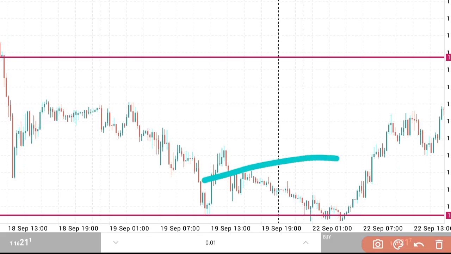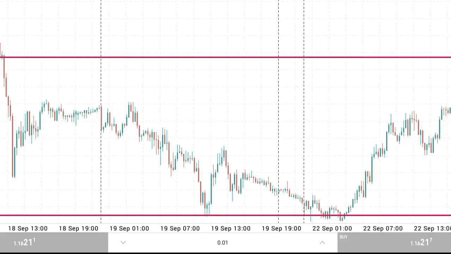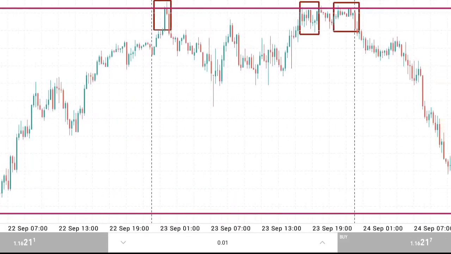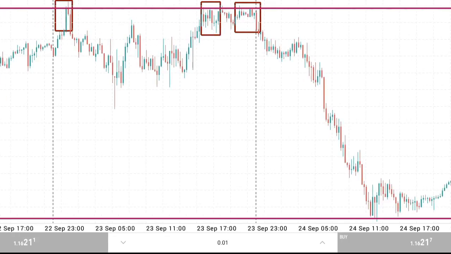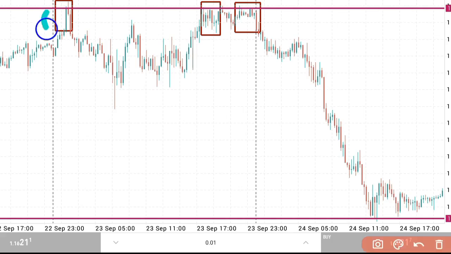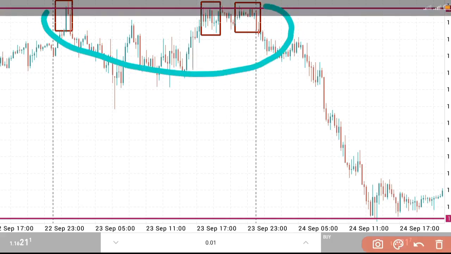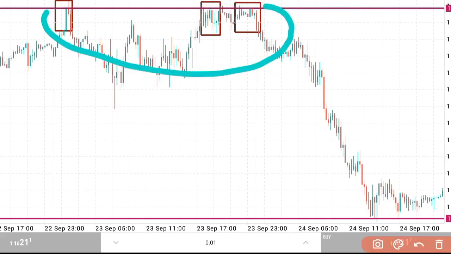Now, let me show us something quickly. Look at this resistance here. You will discover that in this resistance, we were not having a supply.